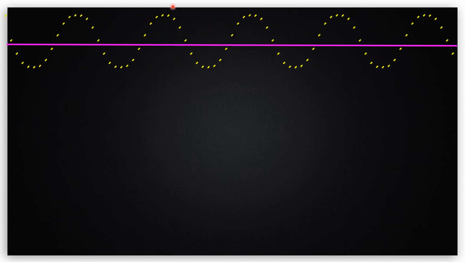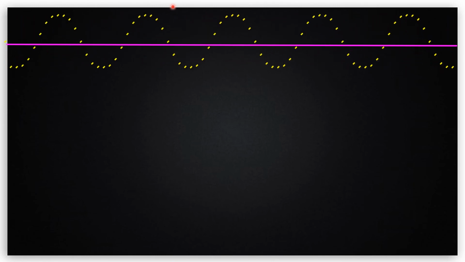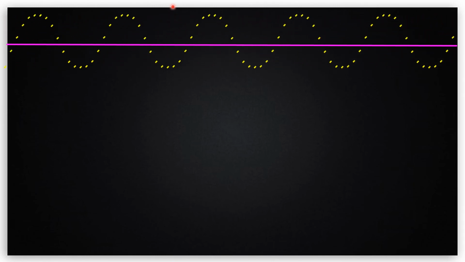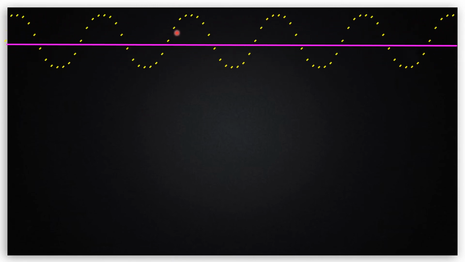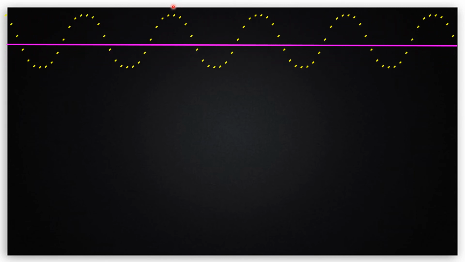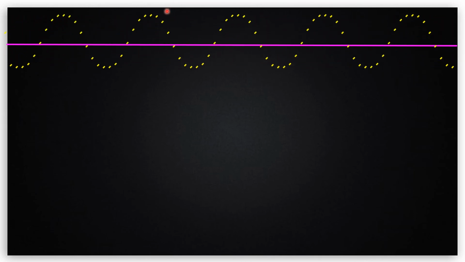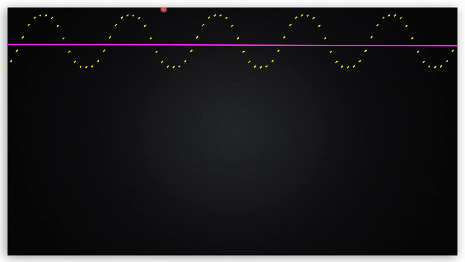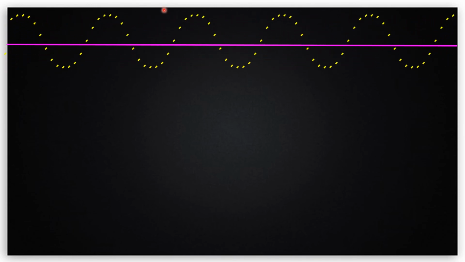Hertz is the unit for frequency, and the unit was derived from the name of the scientist Hertz. Okay, so frequency is measured in hertz: the number of waves crossing any point in 1 second. Suppose 1000 waves cross me in 1 second, the frequency of the waves is 1000 hertz, like this.